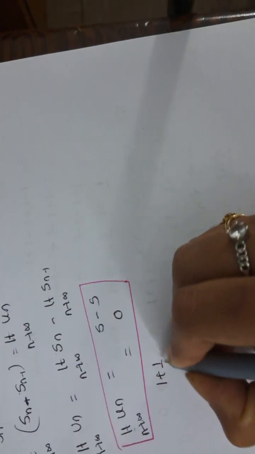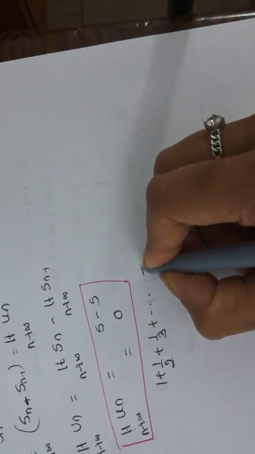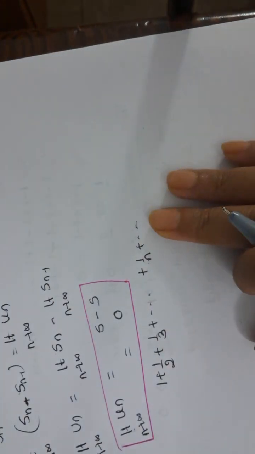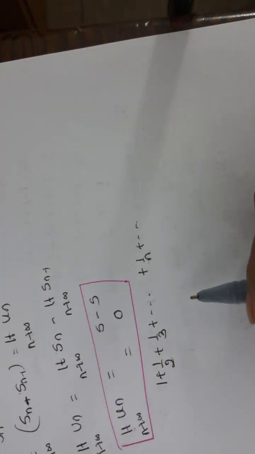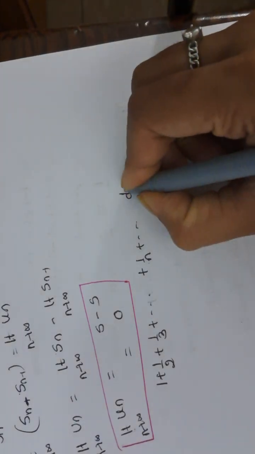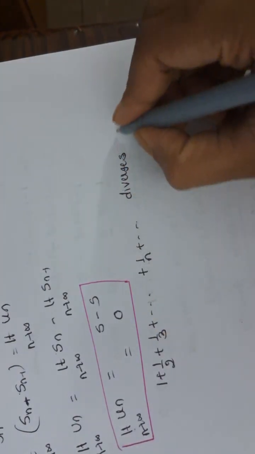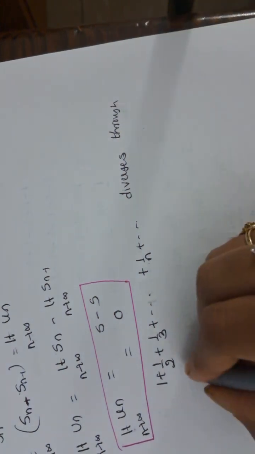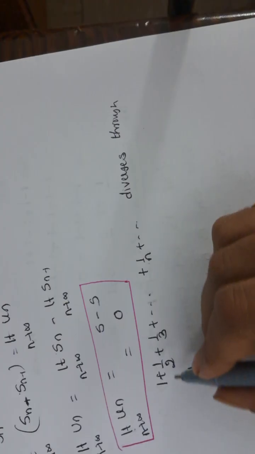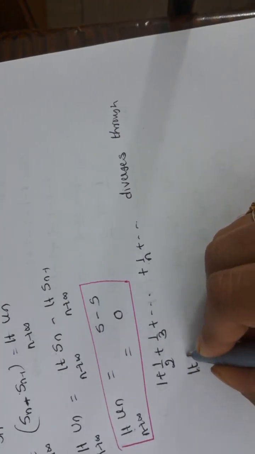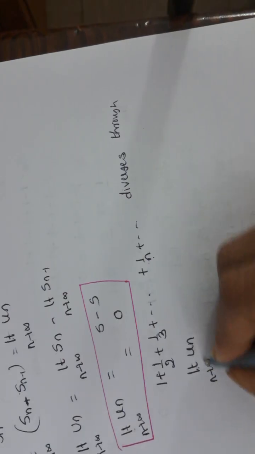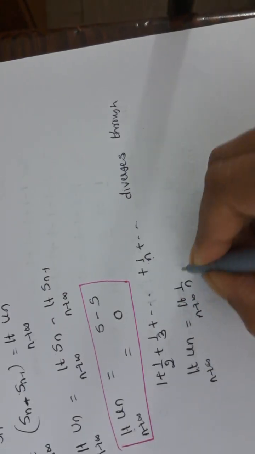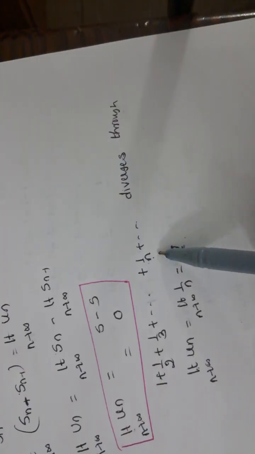Let us see an example. If I have 1 plus 1 over 2 plus 1 over 3 and so on, up to 1 over n, an infinite series, this particular series diverges. Though the nth term is 1 by n, and the limit of 1 by n as n tends to infinity gives you 0, this series is divergent.